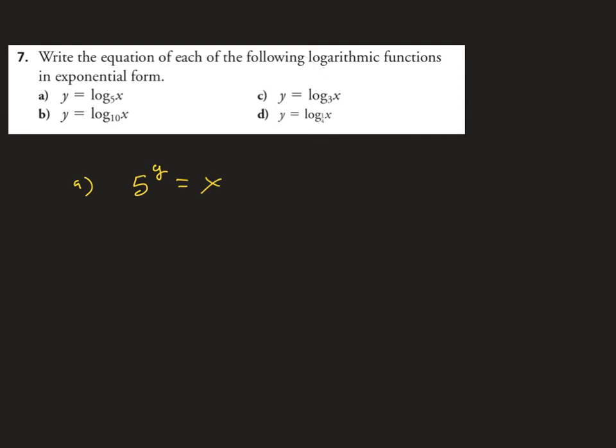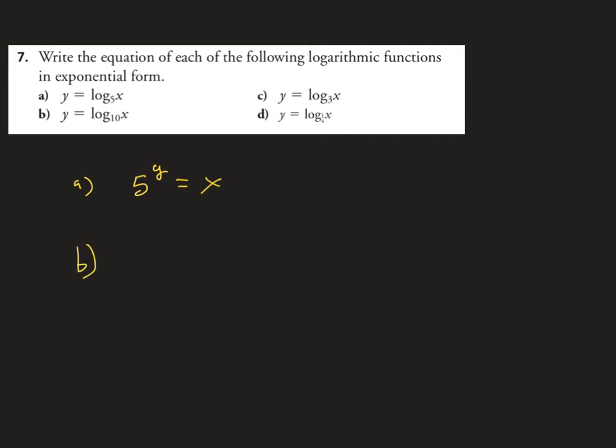But if I have it in this form and I let x be 42, well then in my calculator I just plug in the log of 42 with the base of 5, and it will give me my y value, right? And that y value is the thing you raise 5 to that's going to give you 42, right? So this is actually the most convenient. For some reason they want to know the other form. Let's do part B.